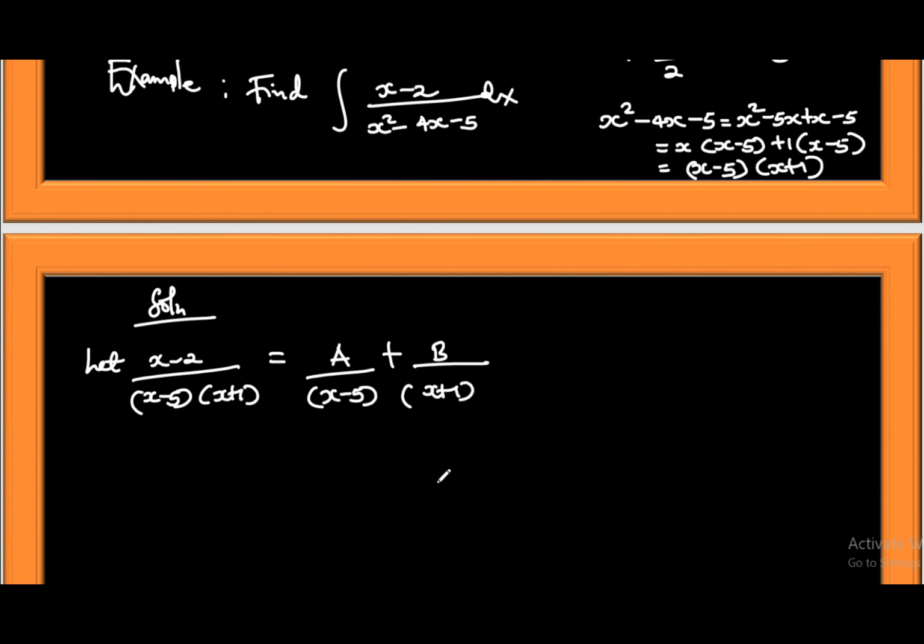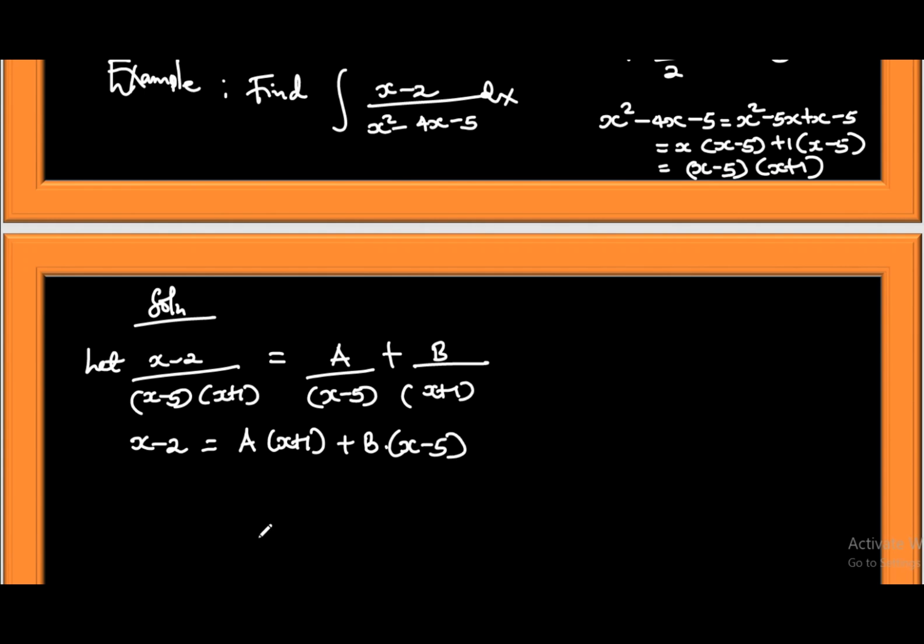And when you do this, the LCM of the right hand side is the same as the denominator of the left, so they cancel out. That means we shall remain with x minus 2 is equals to a into brackets x plus 1 plus b into brackets x minus 5.